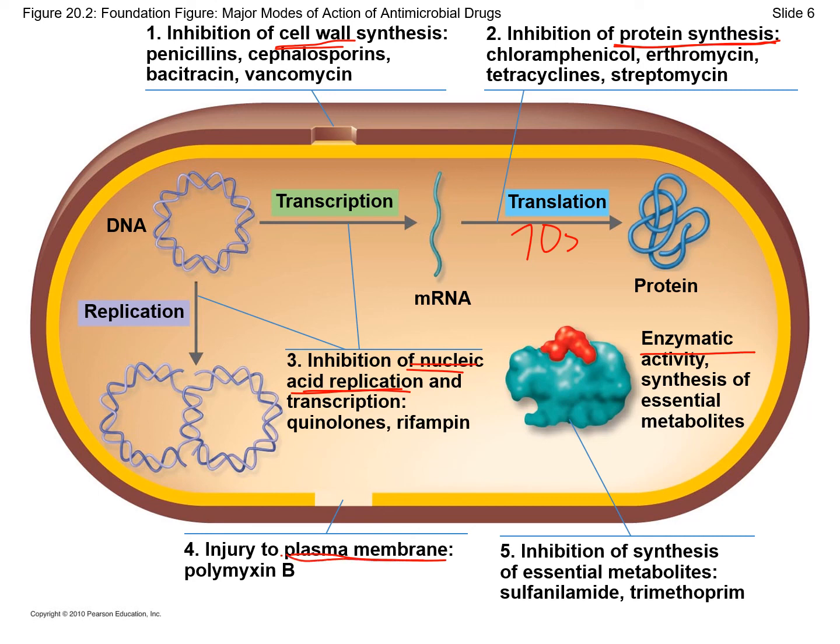Injury to the plasma membrane: polymyxin B is recognizing lipids that are specific to the prokaryotic membranes. And the last example, the enzymes that are involved in various biochemical reactions, those enzymes are specific for the prokaryotic cells. So all of these antibiotics will specifically target the prokaryotic cells and have very little effect on eukaryotic cells.